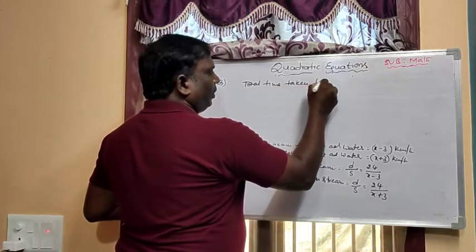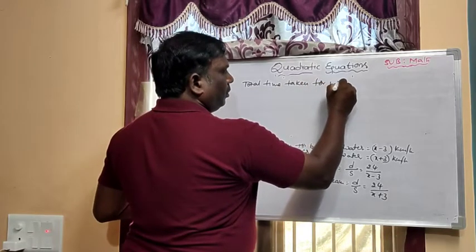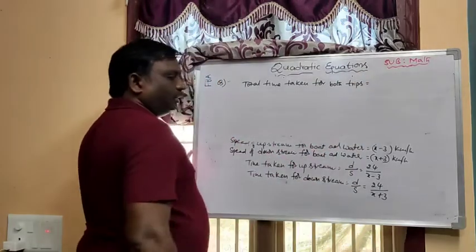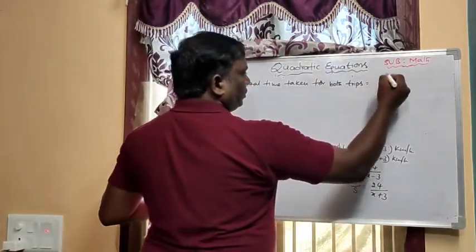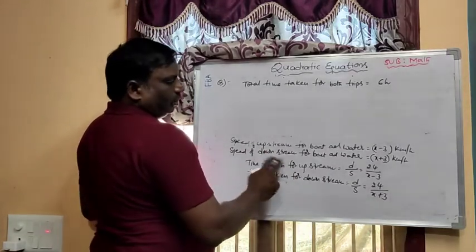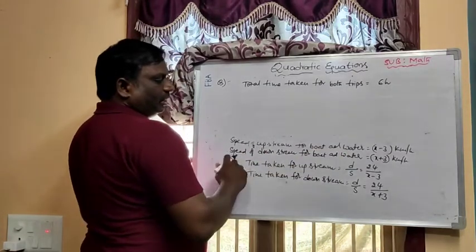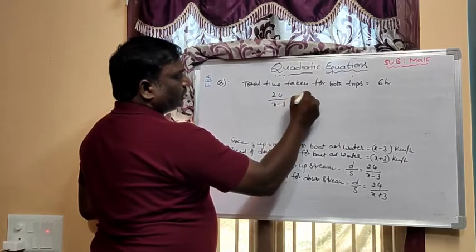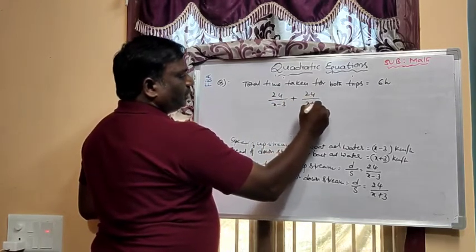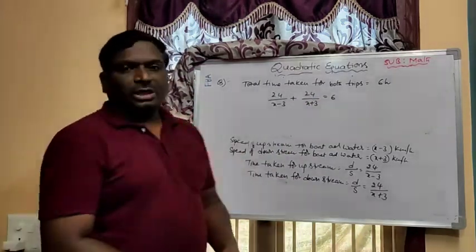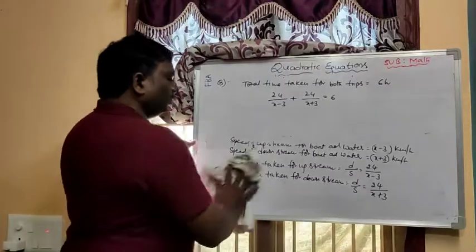Total time taken for both trips is 6 hours. Both trips means upstream and downstream, one trip and another trip, that is 24 by x minus 3 plus 24 by x plus 3 equal to 6 hours.